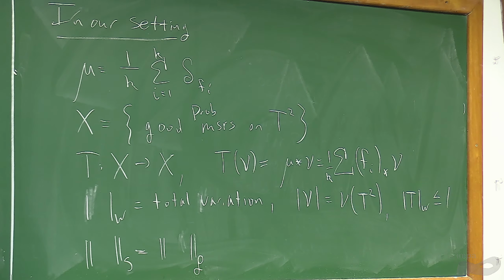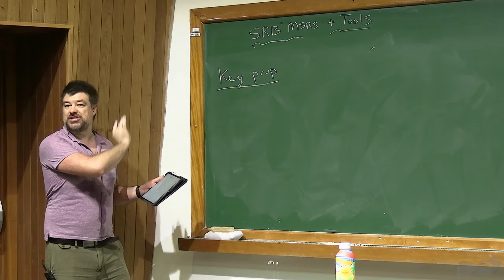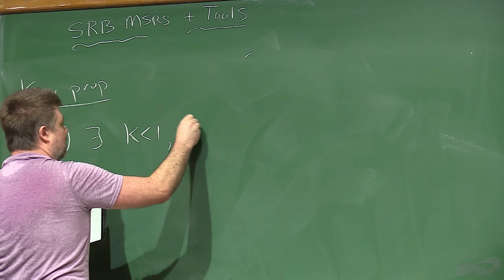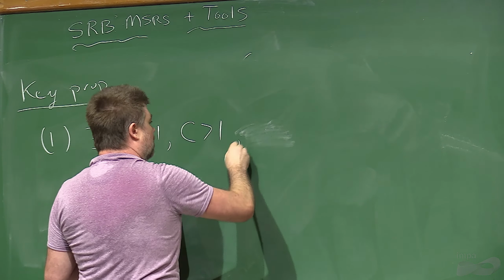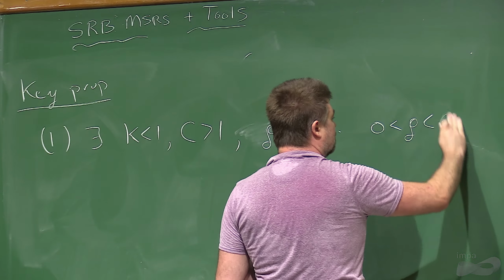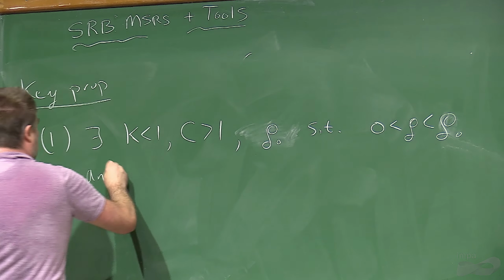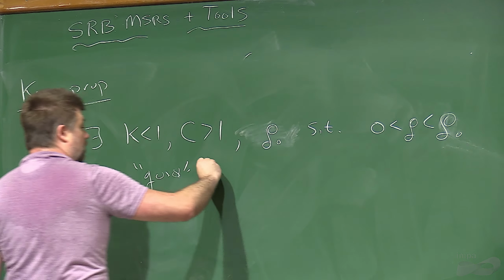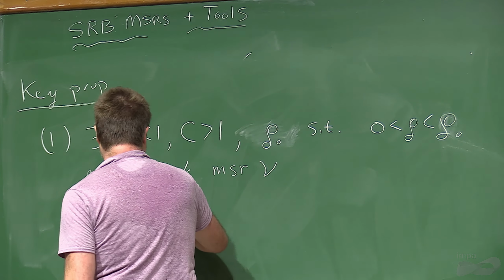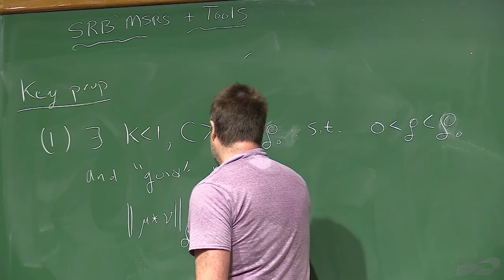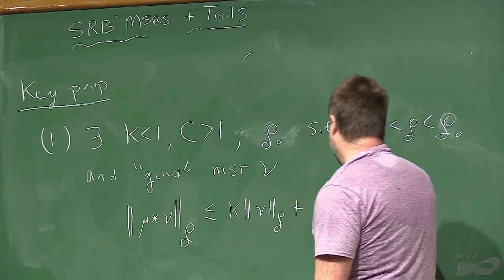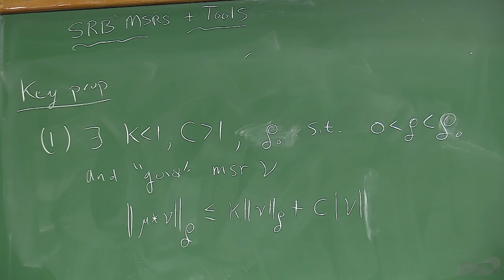So the key proposition, so there's a bunch of assumptions in the background, but I won't write the assumptions, is that 1, there exists kappa less than 1 and C bigger than 1, and maybe there exists a threshold, rho naught, such that for all rho less than rho naught, and whatever I mean by good measure nu, if I convolve it, in the rho norm, this is at most a contraction times the rho norm plus some constant times the weak norm. Oops, single bars for the weak norm. So this has a Lasota-Yorke inequality.